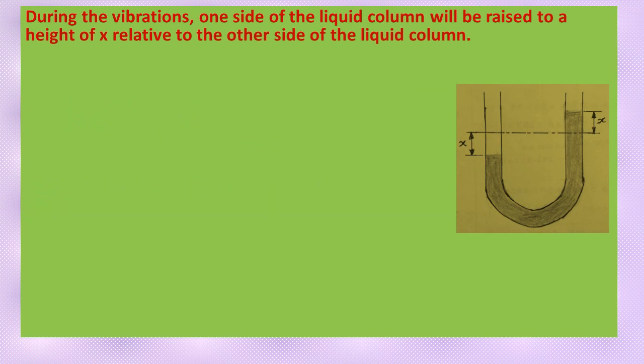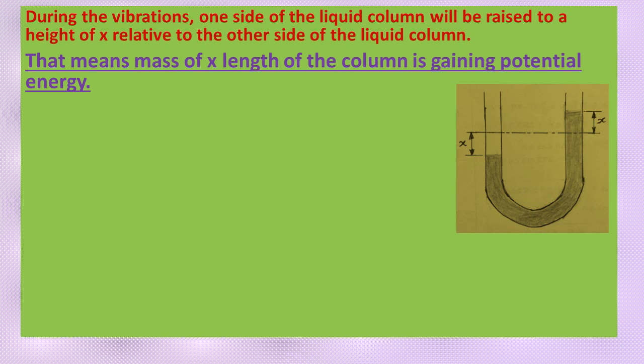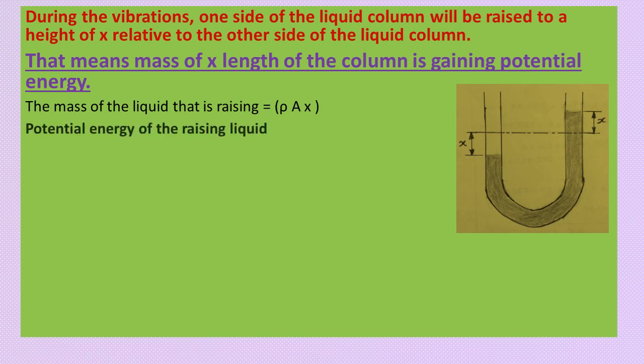During vibrations, one side of the liquid column will be raised to a height of x relative to the other side of the liquid column. That means mass of x length of the column is gaining potential energy. The mass of the liquid that is rising equal to rho A x.